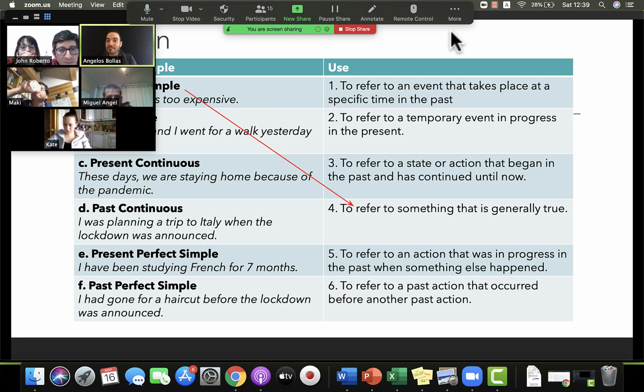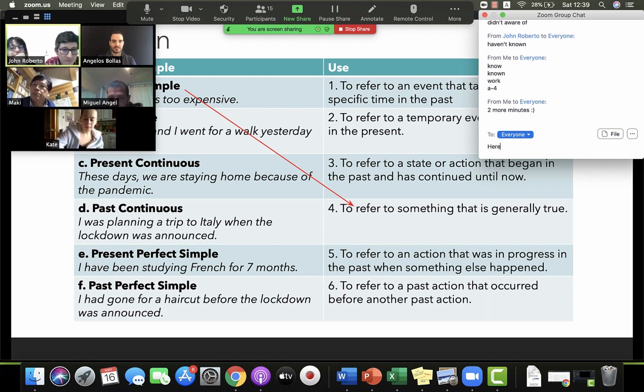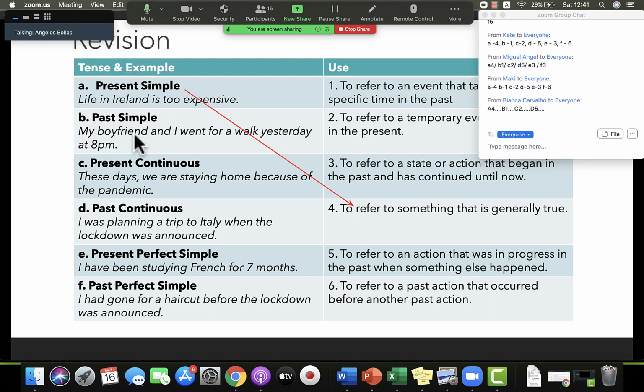All right, guys, can I please ask you to type your answers in the chat box? So type all of them so that we can see them there. Right, let's have a look together then. So the second one, past simple.